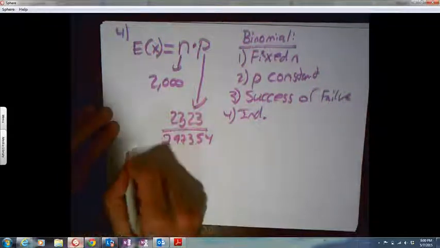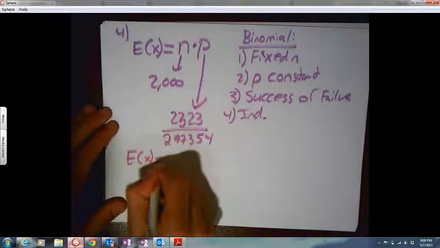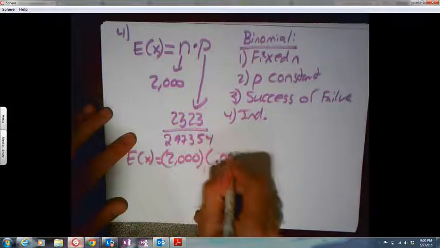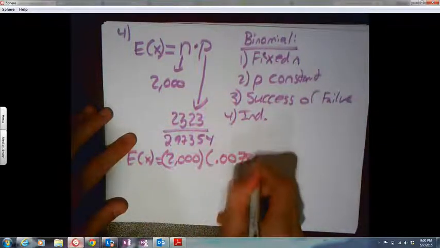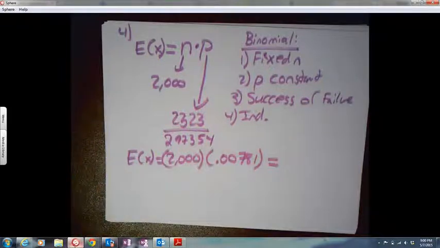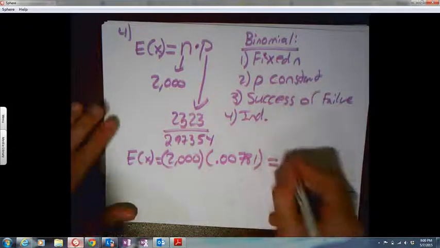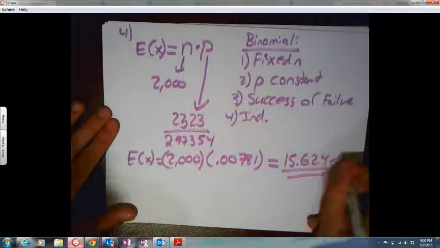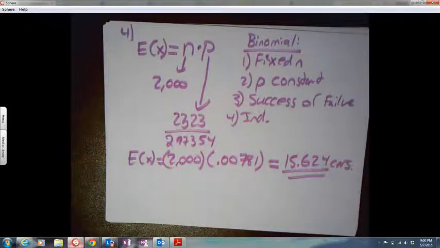So expected value of car E in our 2,000 is N times 0.00781, which equals 15.624 cars. So on average, we should expect to get about 15 cars from group E.